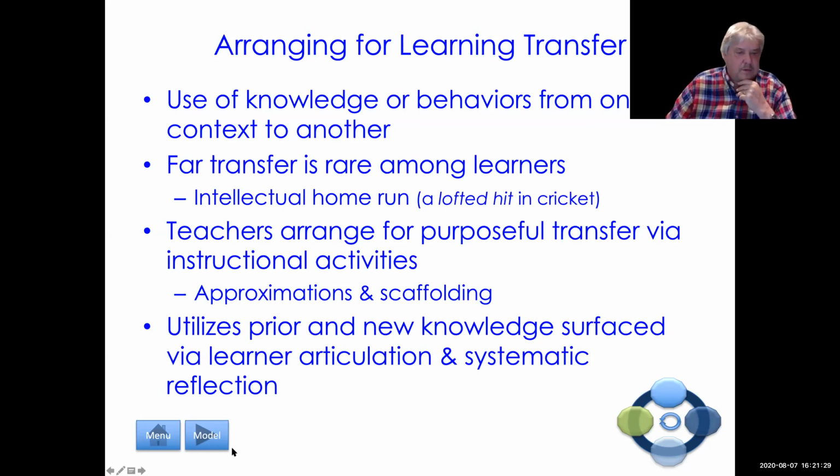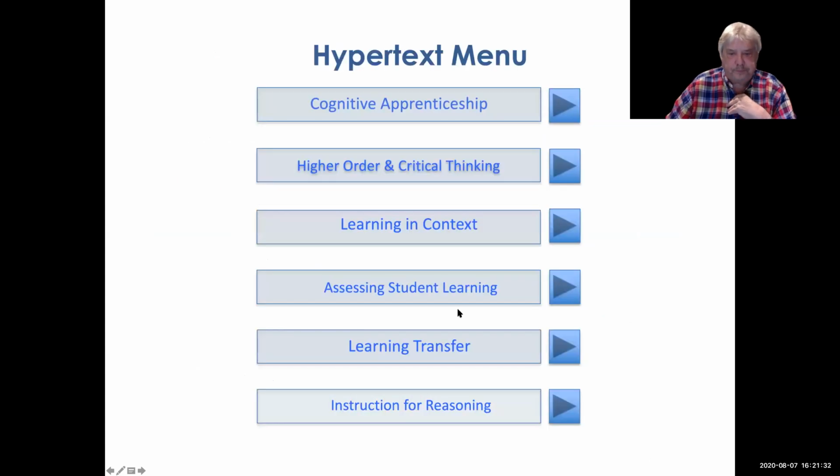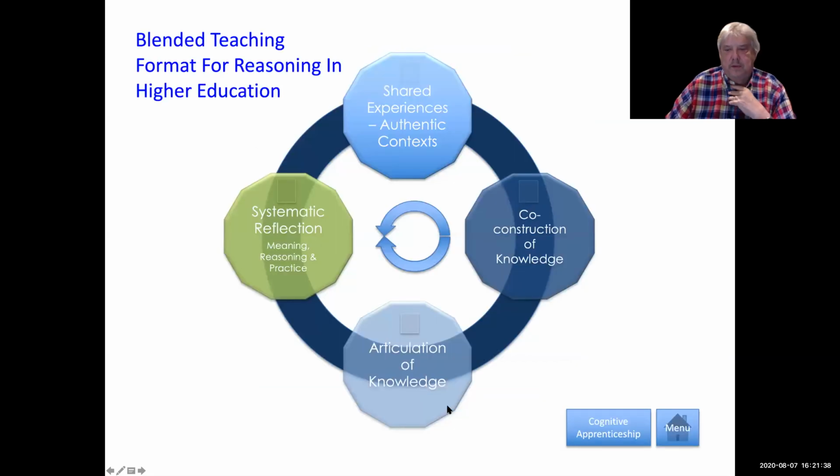So let's go back to our menu, and let's look at instruction. That's our model. Let's go ahead and start with the model here, and we'll come back to other pieces in a minute.